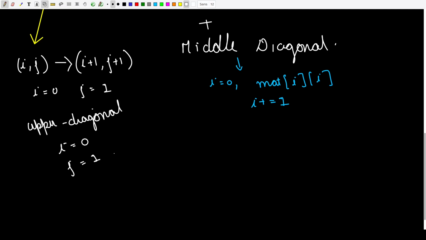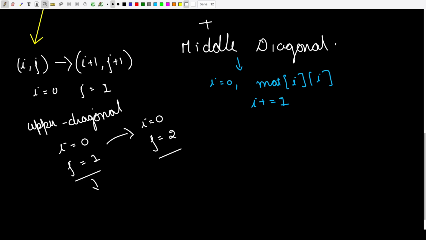Once we have covered a particular diagonal, in order to move to the next diagonal, all we have to do is start with i equal to 0 and j equal to the next value, which is the second value. Since i is constant, we don't really have to worry about i. We can always set i equal to 0. But how do we determine the value of j?